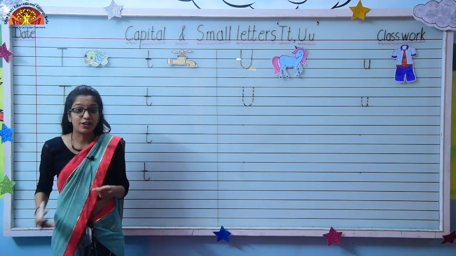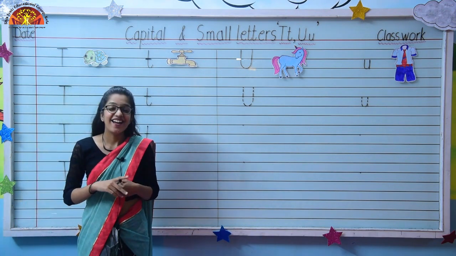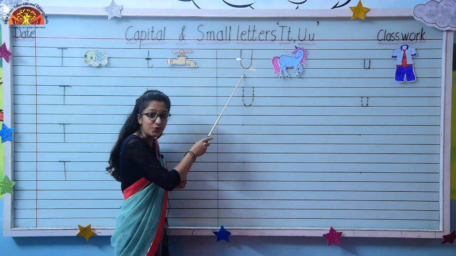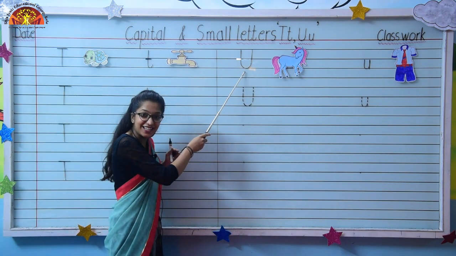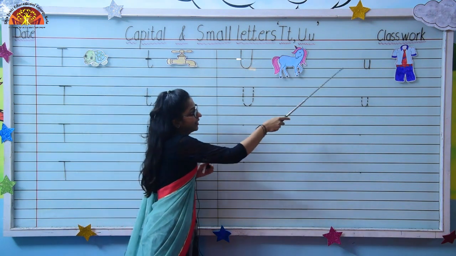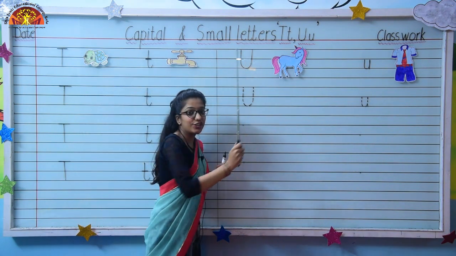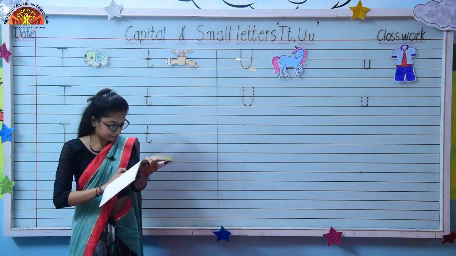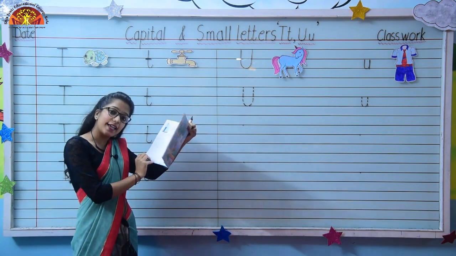After this, kids, come to the next letter. Our next letter is letter U. This is capital letter U and this is small letter U. Now you have to open page number 66.